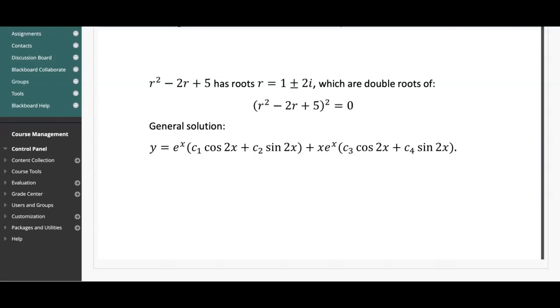Anyone has any question? As you can imagine, if this multiplicity is a 3, we would have a third term, x squared, then e to the 1x, and so on. If this is a 4... Yes, Ronald?